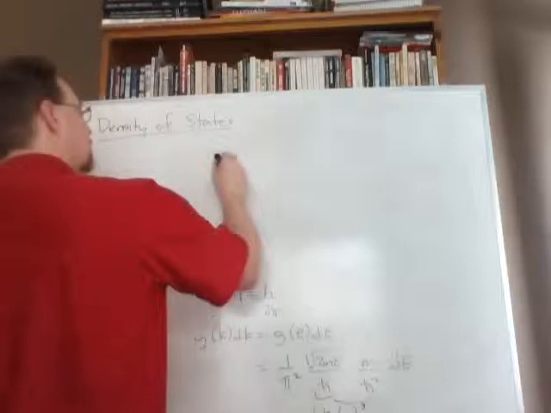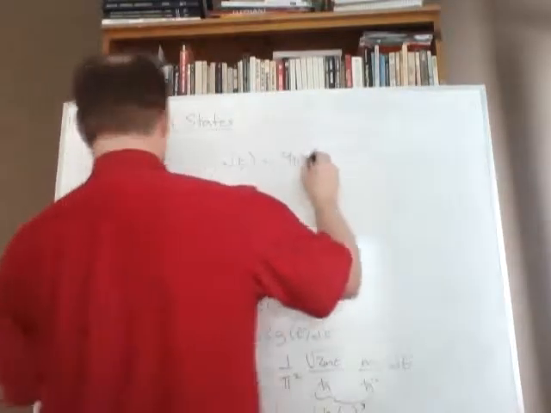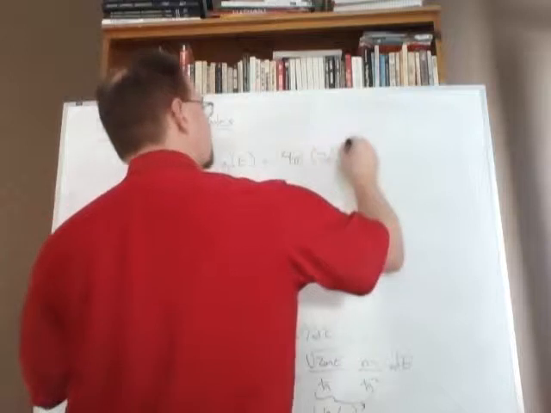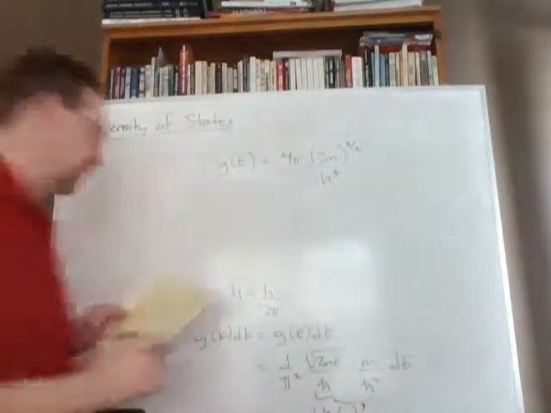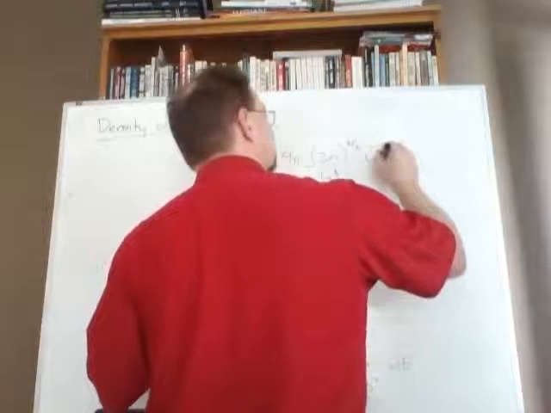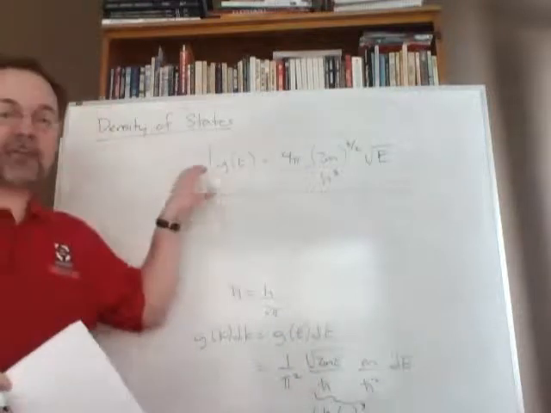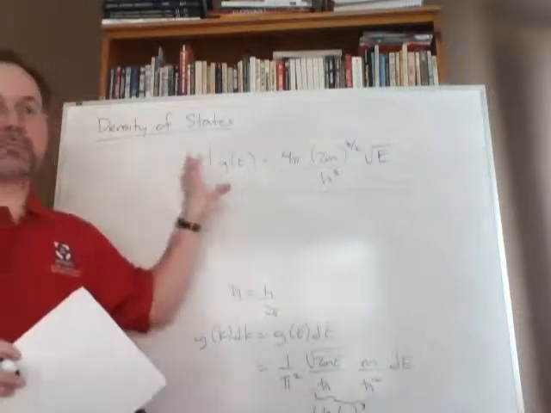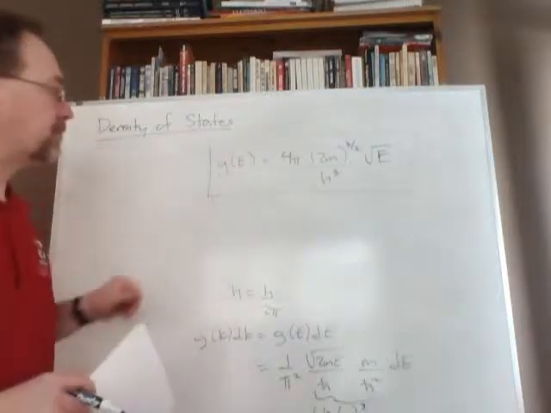So what I get is my density of states function, g of E, is 4 pi times 2m to the 3 halves over h cubed, so this is Planck's constant cubed, not h bar, times the square root of E. All right, so this is my density of states function for an electron, a free particle, a fermion.